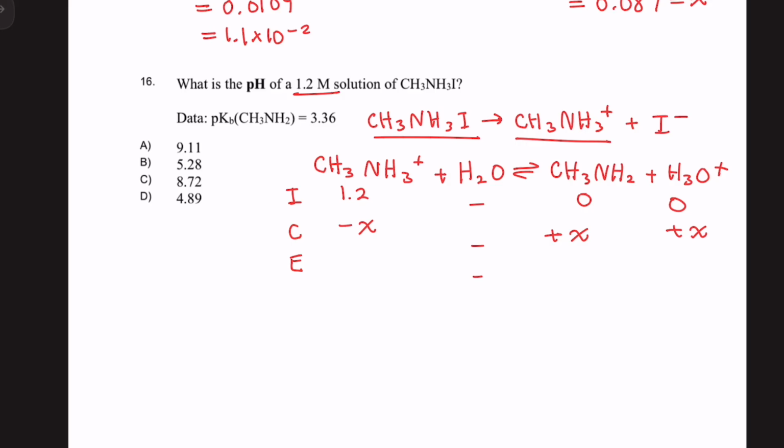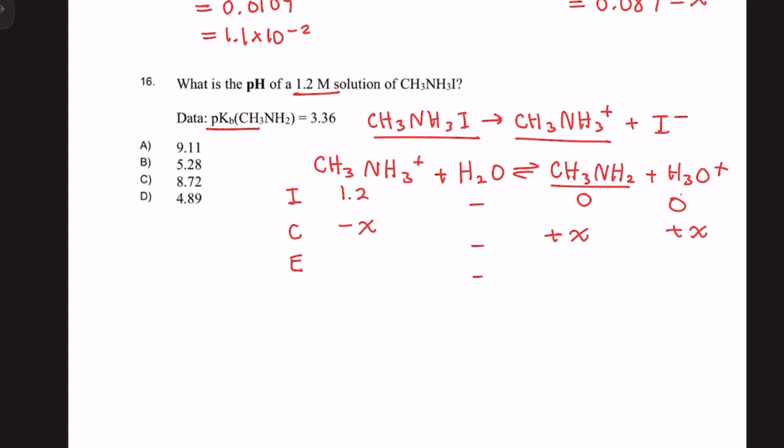So it tells us that the pKb of CH3NH2, which is this over here, is 3.36, and we can use that to find the Kb value of the reaction.